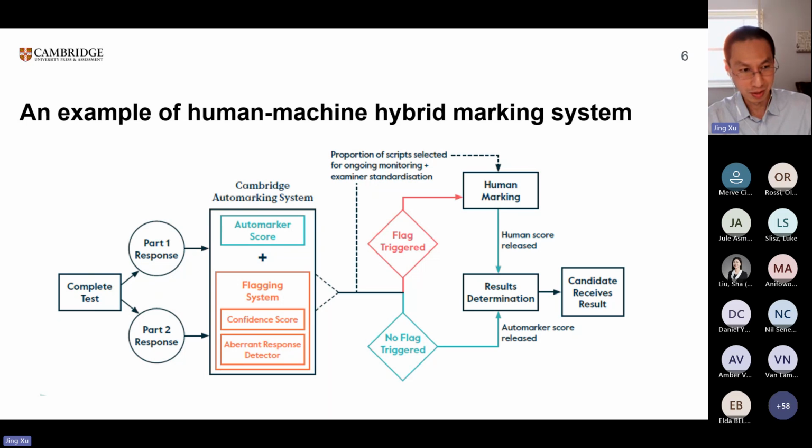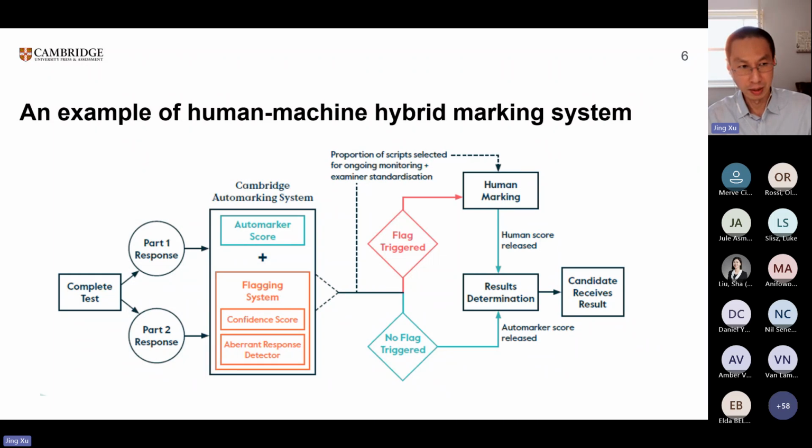Or there's another case, which is that it's flagged for aberrant behaviors, like it's not speaking English, or there's an impersonator speaking on your behalf, or there are 2 different voices in the speaking test, or in the writing part, the essay is totally off topic. It's not really addressing the bullet points in the test instruction.